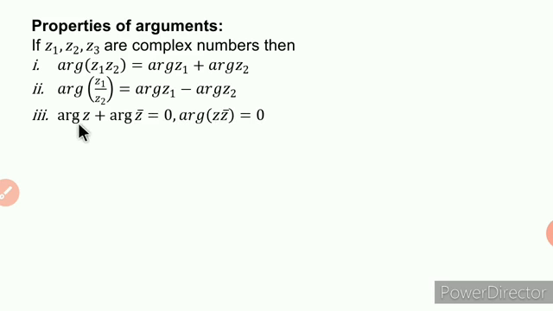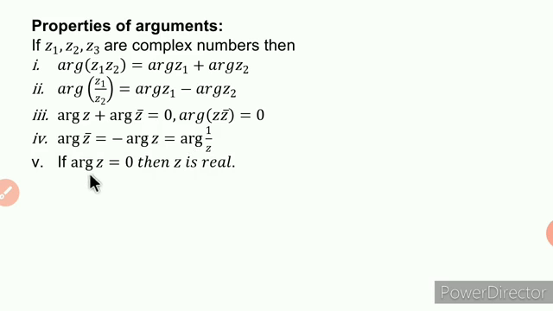Third, argument z plus argument z bar is equal to 0 and argument of z into z bar is equal to 0. Fourth, argument of z bar is equal to minus argument of z, which is equal to argument of 1 upon z.